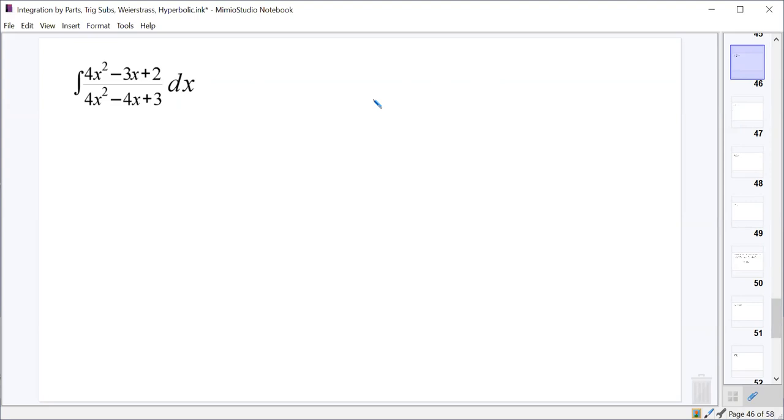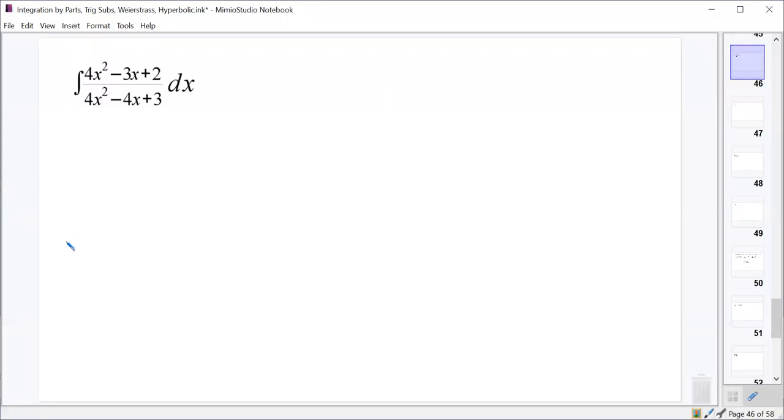What should we do first? Anybody, what should we do first? Divide first. All right, we've got to divide first. There's no u sub, there's no special case. Degree of numerator is equal to degree of denominator, so we'll divide first.